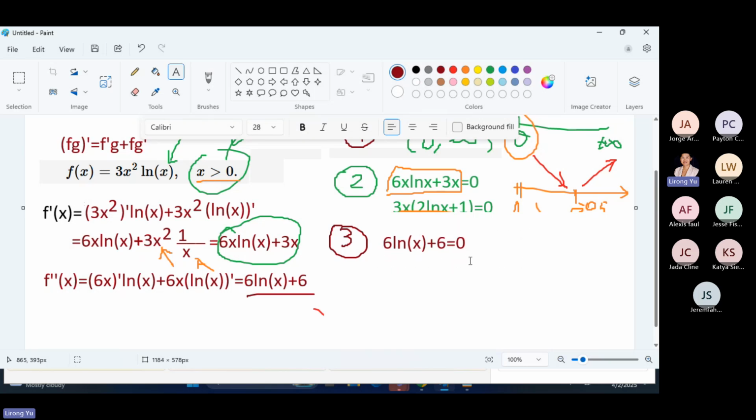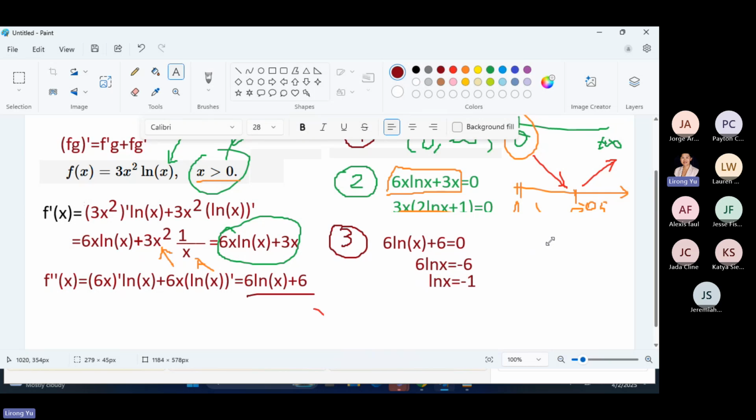You would subtract 6 from both sides of the equation. So then 6 times natural log of x equals negative 6. And we can divide both sides of the equation by 6. We cancel the 6. We have natural log of x equal to negative 1. Remember, we want to solve for x.